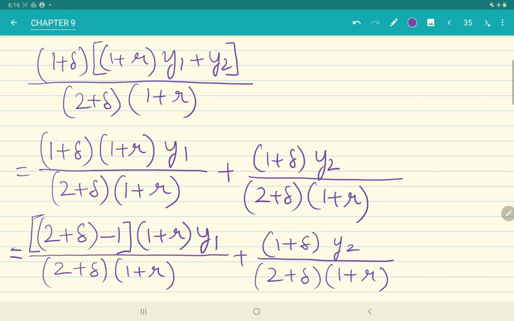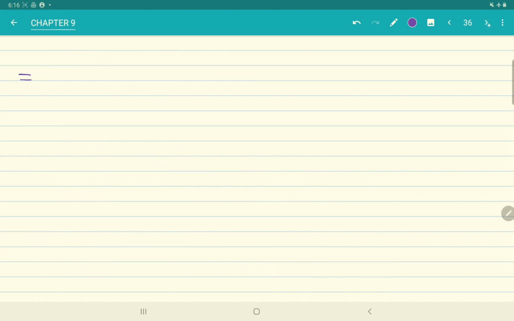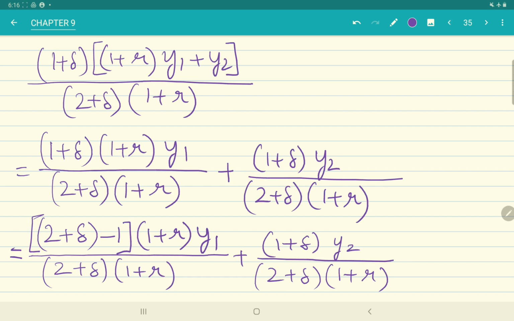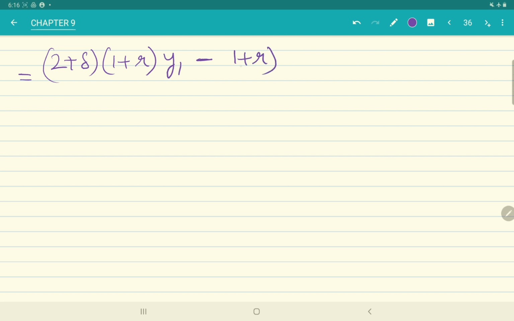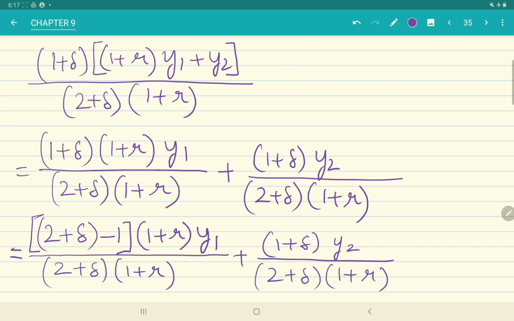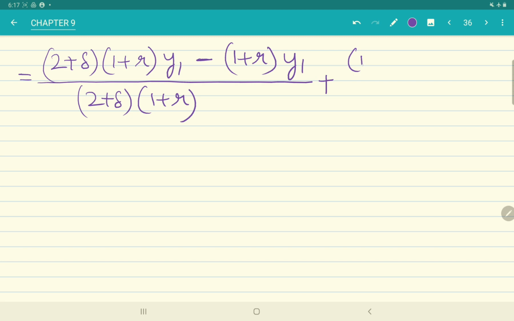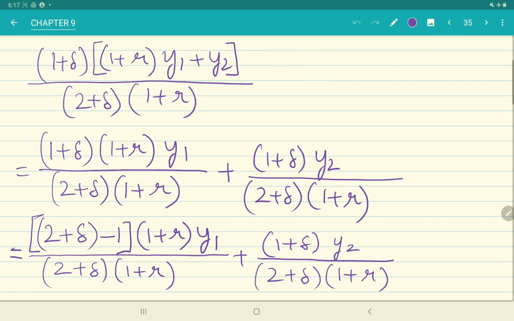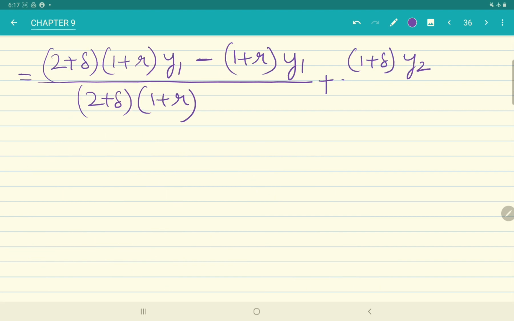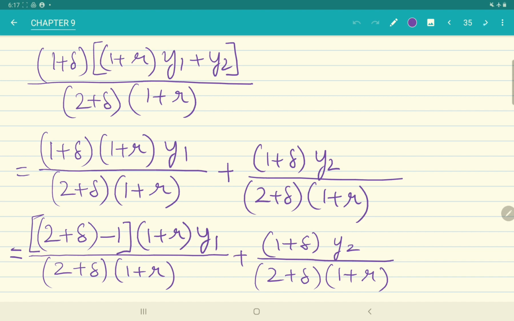Now this can then be written as (2 plus delta)(1 plus r) y1 minus (1 plus r) y1, divided by (2 plus delta)(1 plus r), and then plus this expression (1 plus delta) y2 by (2 plus delta)(1 plus r).